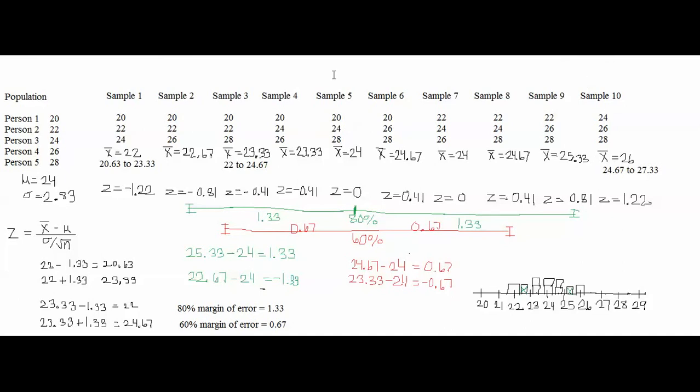Let's now look at what happens if we create an 80% confidence interval for sample 2 and sample 9, which are at the boundary points of the middle 80%. If we did it for sample 2, it would end up being 21.34 to 24. I'm pretty sure that's correct.